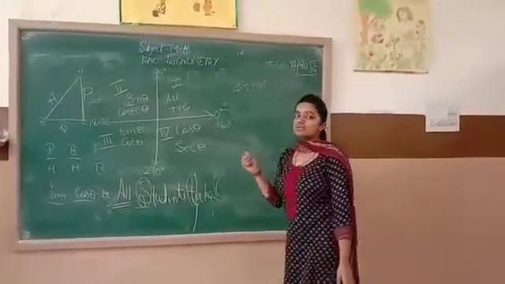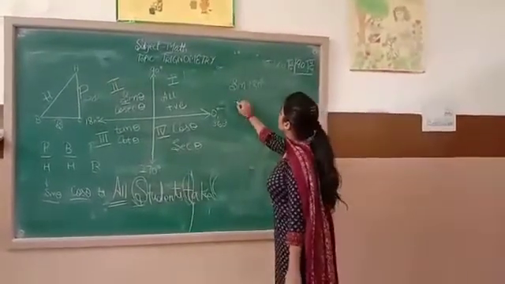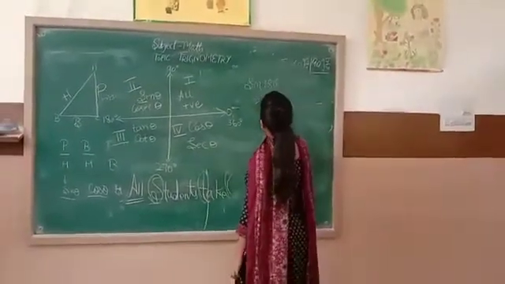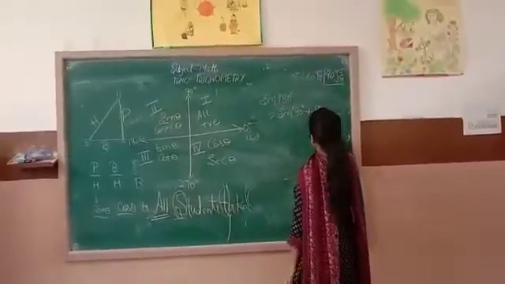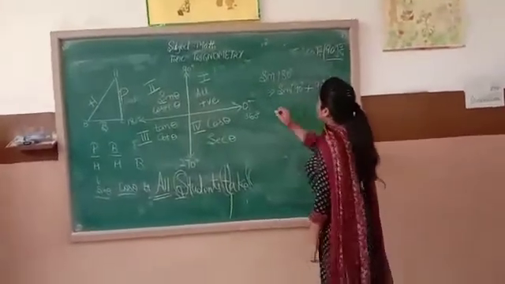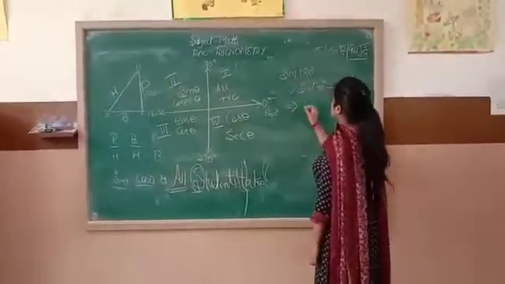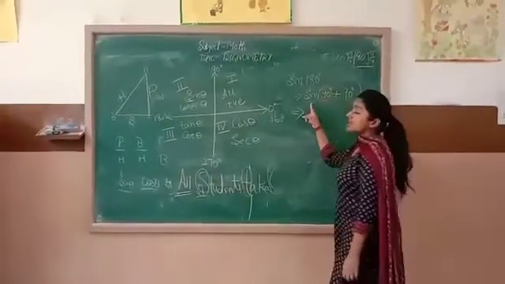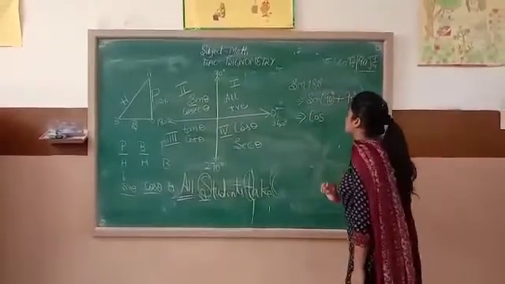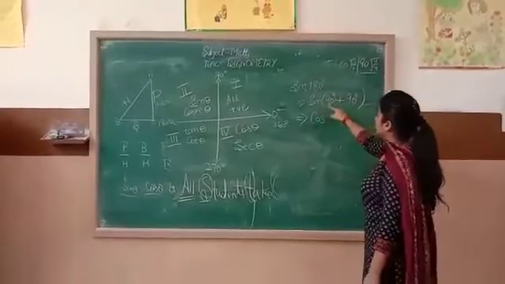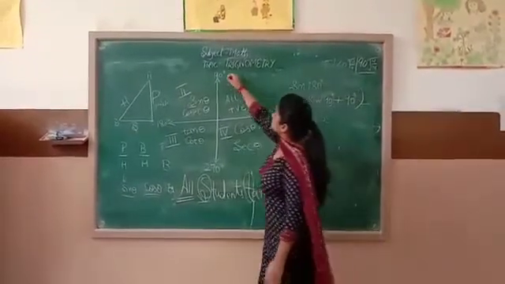So how can we calculate sine of 180 degree? We can write sine of 180 degree as sine of 90 degree plus 90. As we know, at 90 degree sine is changed into cos. First of all, write cos here.